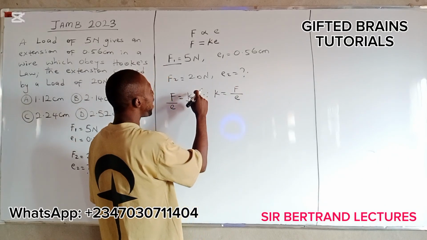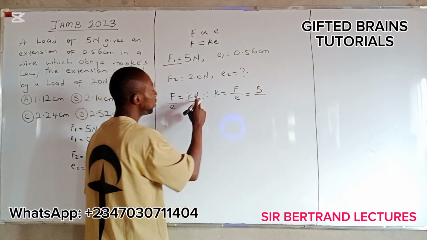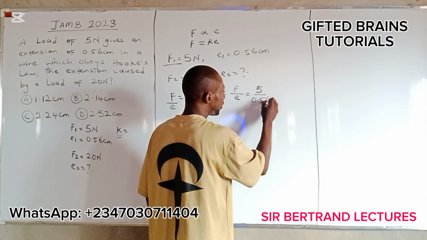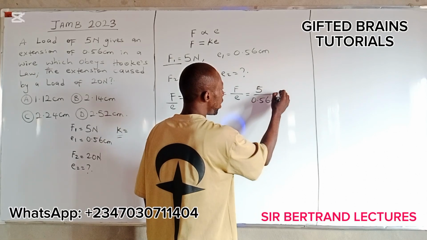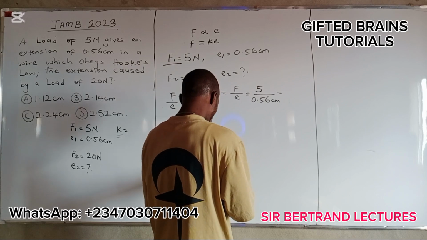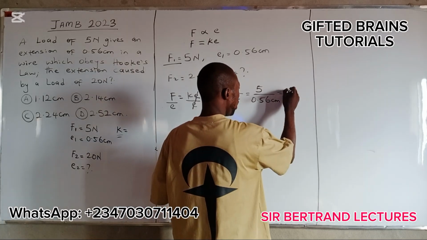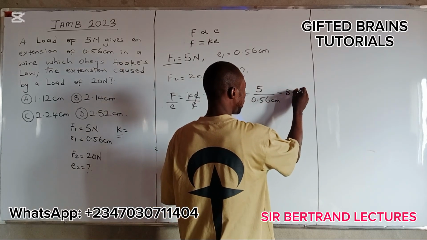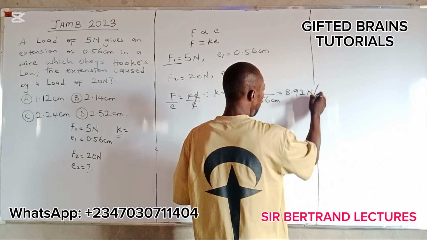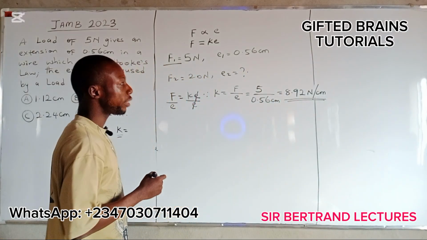The force here is 5 Newton, divided by the extension, 0.56 centimeter. 5 divided by 0.56 will give us 8.92 Newton per centimeter. That here is the constant.